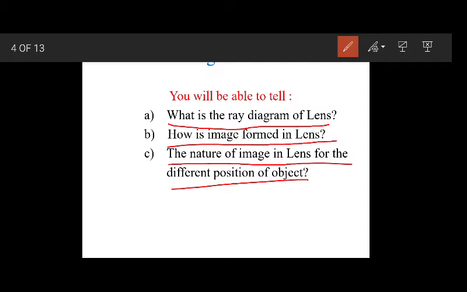I mean, what is optical center, principal focus, principal axis, center of curvature, radius of curvature, etc. I have discussed in my previous class. That's why today I am doing this.